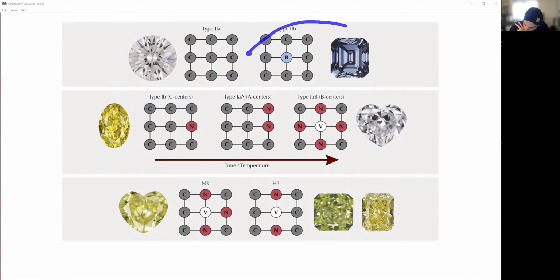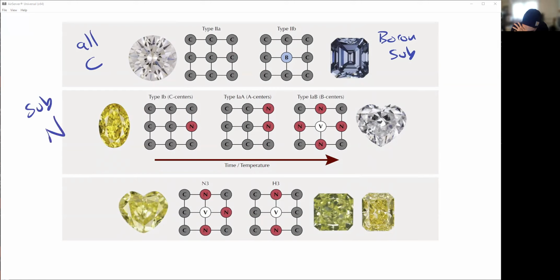And this is what happens when you substitute a boron in, which is about the same size as carbon. Again, this is all carbon over here, but we've substituted some boron in. And over here, we've substituted in nitrogen.